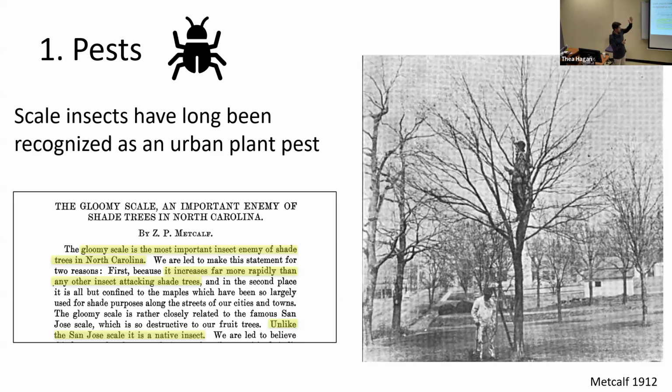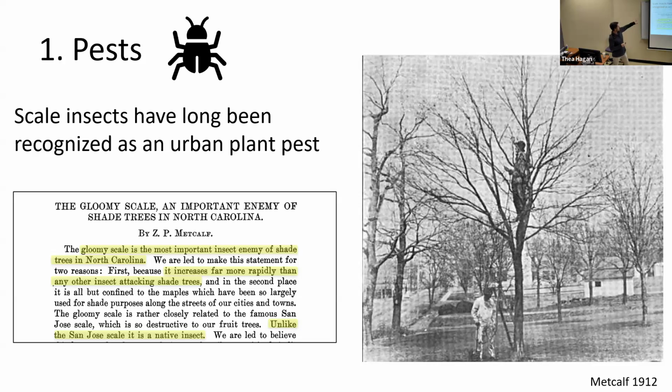So there's a guy in the tree, there's a guy at the bottom of the tree. The guy at the bottom of the tree is pumping the tank and the guy at the top is spraying all the scales in the tree. I think with kerosene. I'm not sure what kind of PPE this guy has on, but probably not adequate.